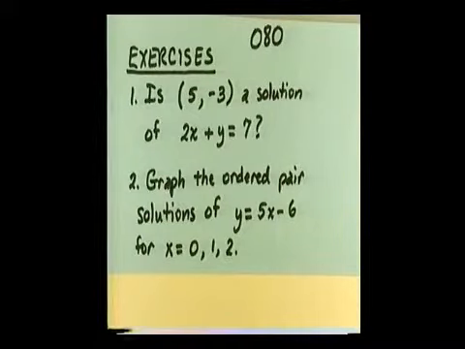Second exercise, graph the ordered pair solutions of y equals 5x minus 6 for x equals 0, 1, and 2. Copy these on your paper, stop the tape, work the problems, then restart the tape and check your answers.